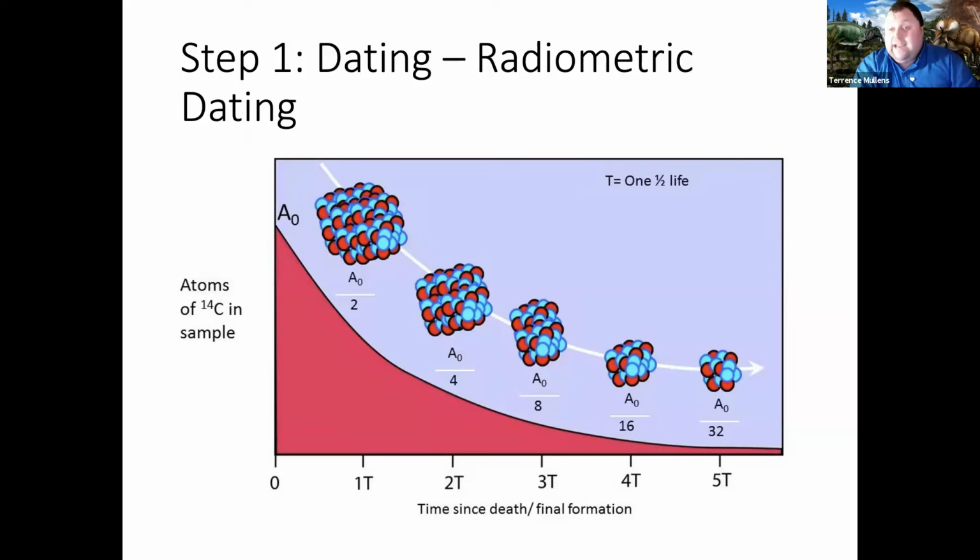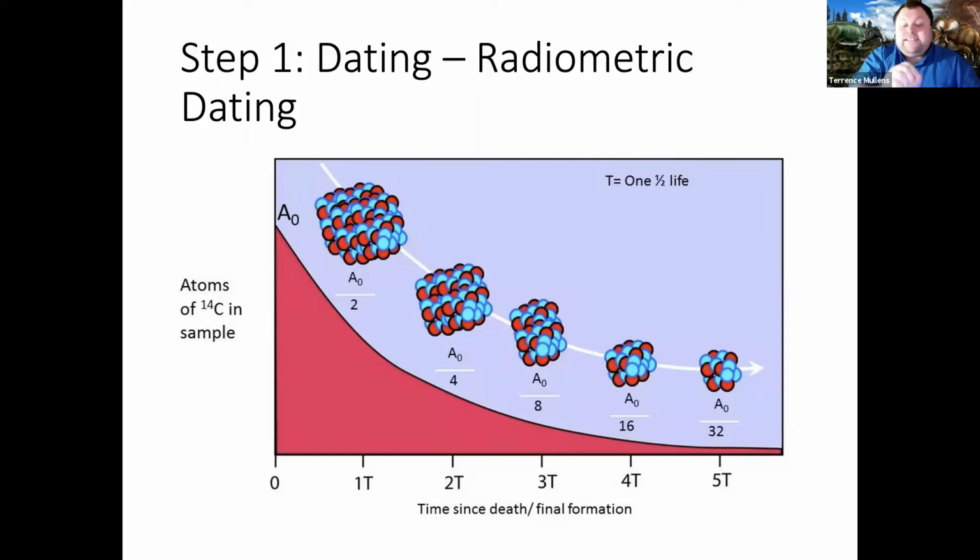After one half-life, the amount of carbon-14 that that organism still has is half of what it was when it was at the surface. Then in a second half-life, half of what was left is also gone, so now you only have a quarter left. After a third half-life, you only have an eighth left. After a fourth half-life, you only have a 16th left.